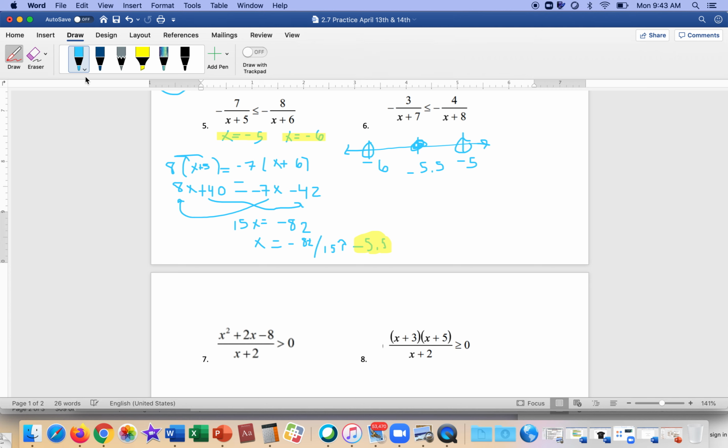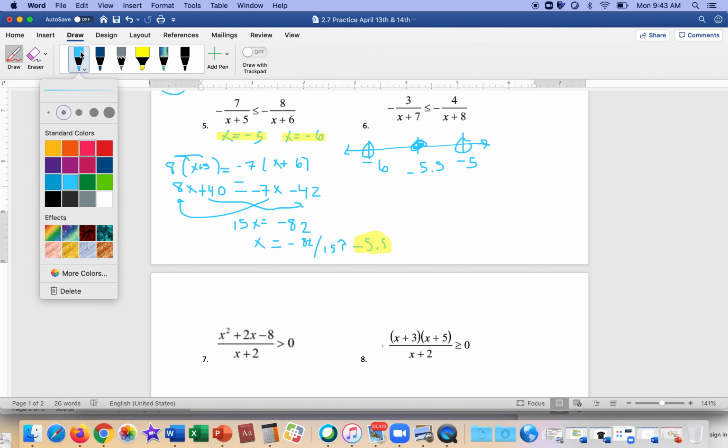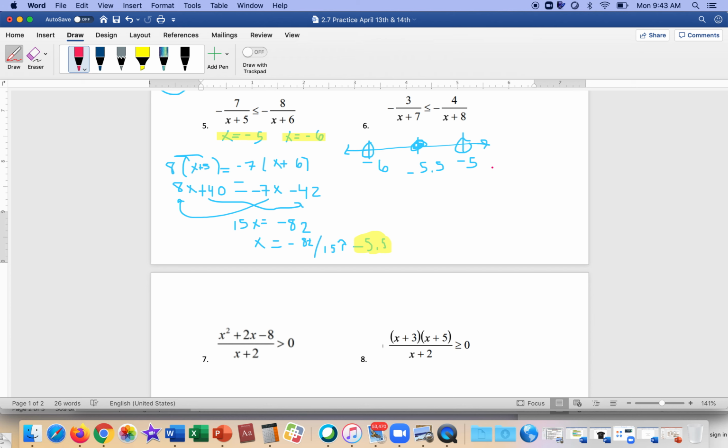Okay, plug in values in different regions. So I'm going to plug in 0. So 0 is right here. And if I plug in 0, I would have negative 7 over 5. And is that less than or equal to negative 8 over 6?